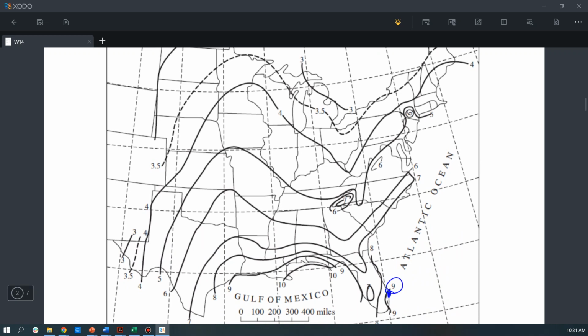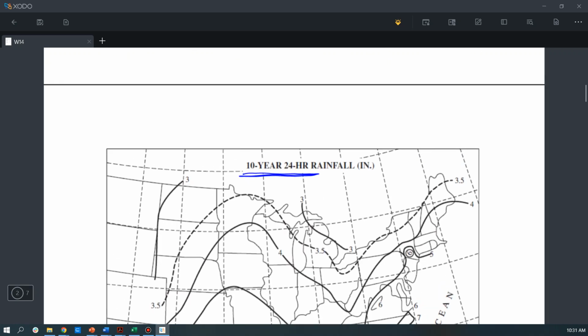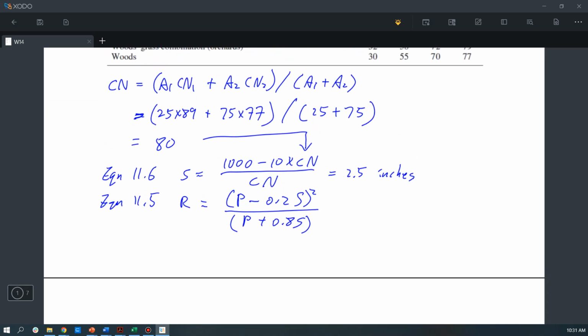So we use 9 inches of rainfall to represent this 10-year 24-hour rainfall. So P is equal to 9 inches in this case.